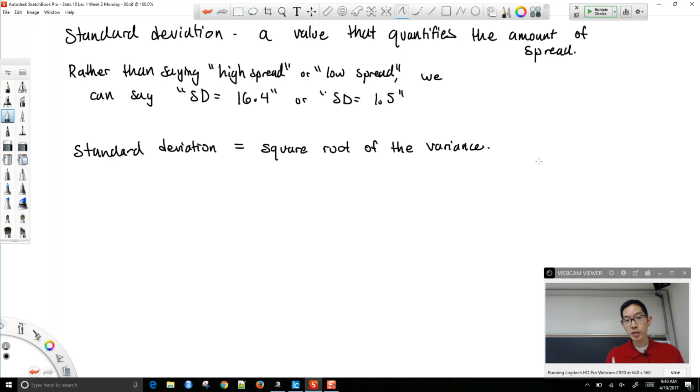Okay. Don't get squares and square roots mixed up. The square root of 9 is 3. The square of 9 is 81.